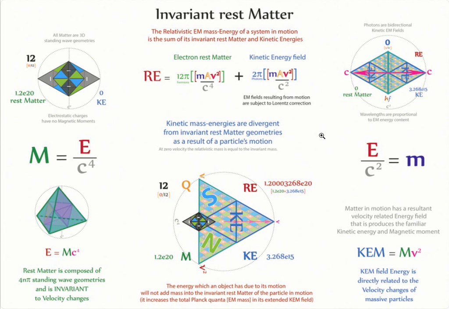And the geometry is correcting the errors of relativity that were developed A, from using a stress energy tensor where all energy forms are lumped together, and B, from the erroneous assumptions of what creates the magnetic moment of charged particles in motion.